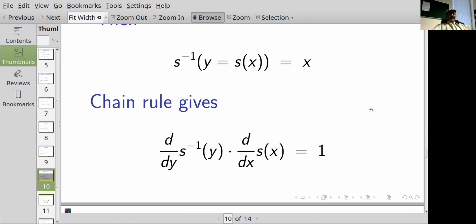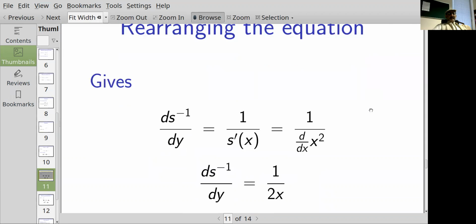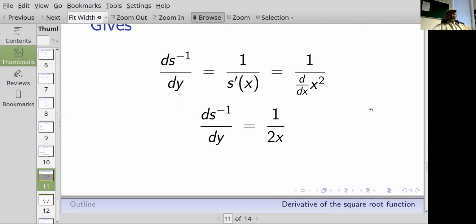As long as we're not dividing by 0, then we can say that the derivative of S inverse with respect to y is equal to 1 over the derivative of S with respect to x. And the derivative of S with respect to x is the derivative with respect to x of x squared, which is twice x. So the derivative of the inverse function with respect to y is equal to 1 over twice x. Okay.